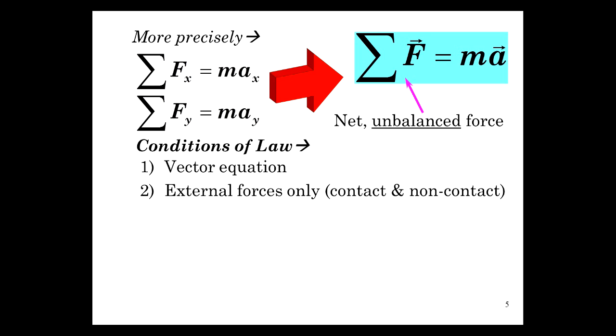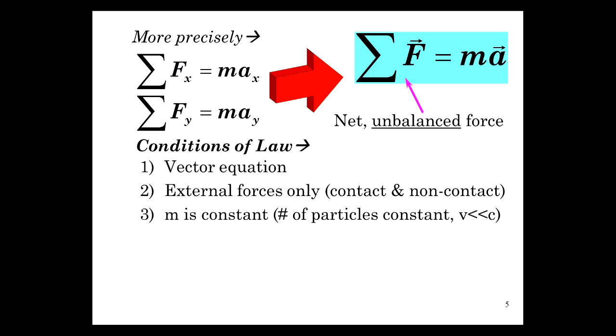So internal forces are of no consequence. You can't get inside your car, grab the steering wheel and shove on it and expect your car to move forward, because then your body will end up pushing back on the seat, etc. All right, so also m is constant. The number of particles is not changing, so you're not adding mass to the thing.